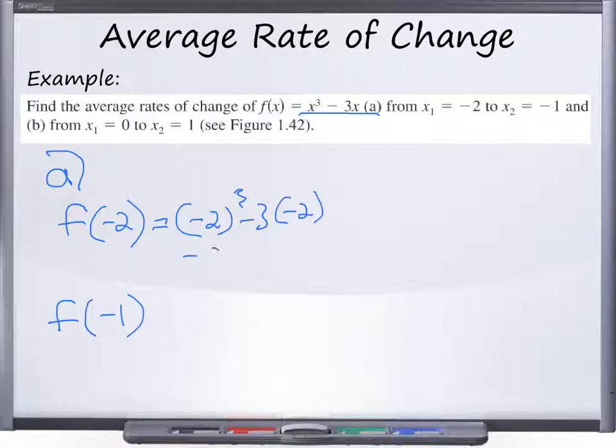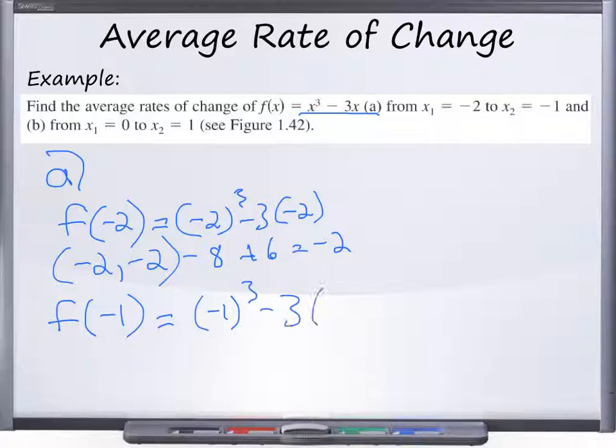Well, that's negative 8 plus 6. This gives me negative 2, so this point is negative 2 and negative 2. For this second one, f of minus 1, I have minus 1 cubed minus 3 times minus 1. Okay, so now this is minus 1 plus 3, or positive 2. So I also have the point minus 1, positive 2.